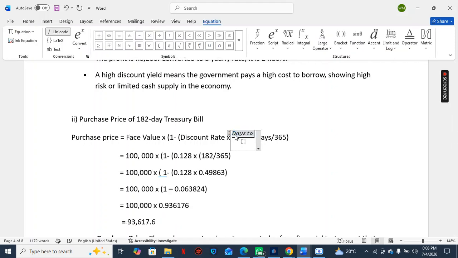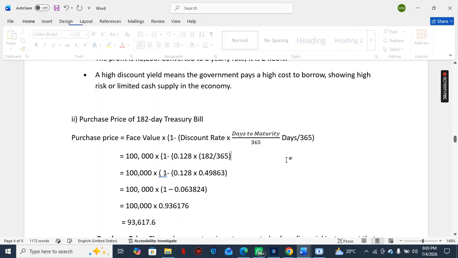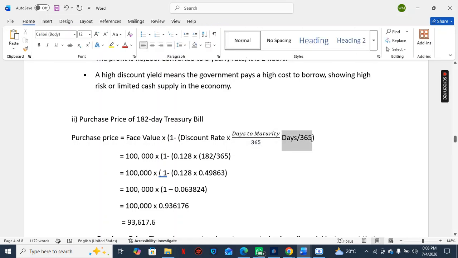The face value, we already have it, 100,000.